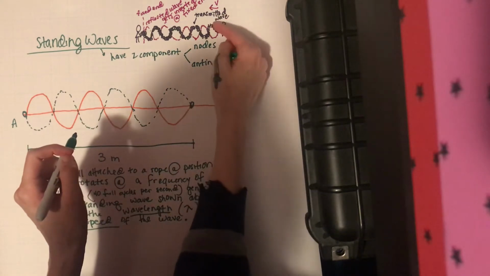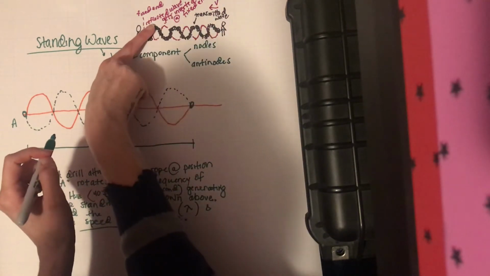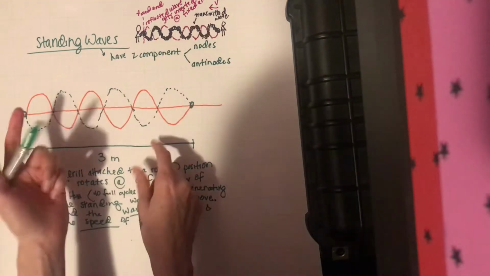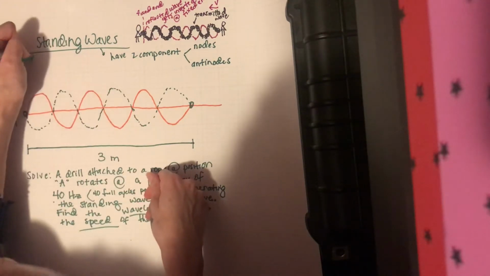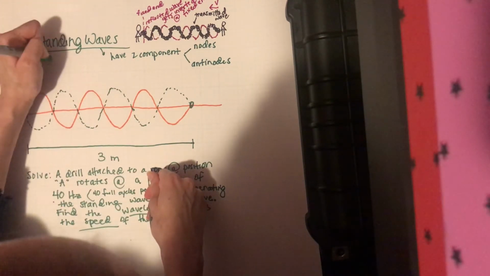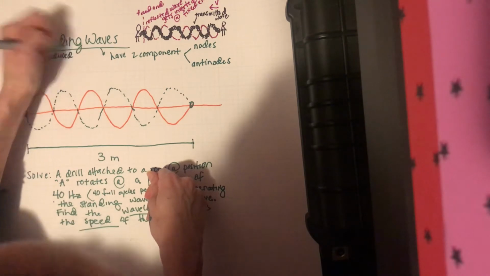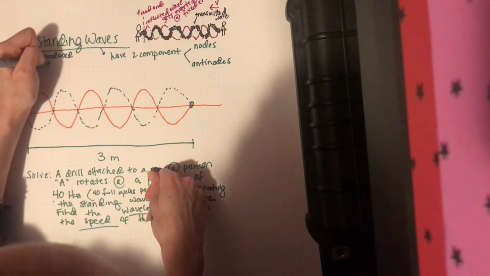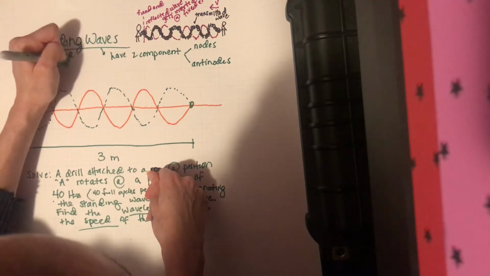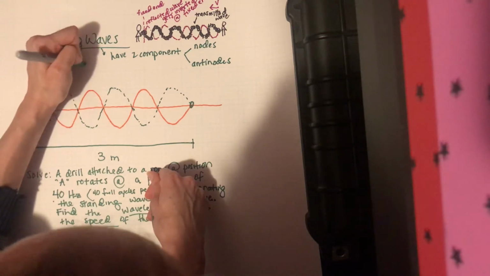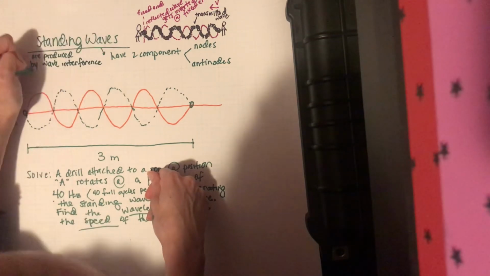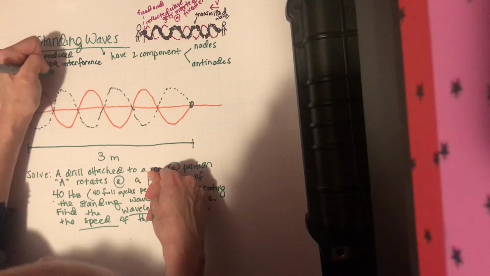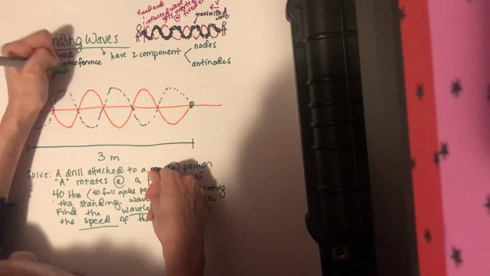You have a generated wave and you have a reflected wave, and they're interfering with each other. So standing waves are produced by wave interference between the generated wave and the reflected wave.